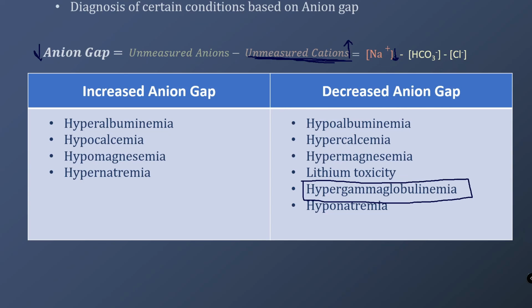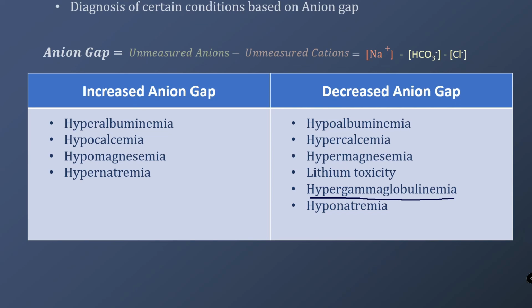Hypergammaglobulinemia. If gamma globulin increases due to any condition, it will lead to decreased anion gap. Why? Can you tell me why? Because not all plasma proteins are negatively charged.